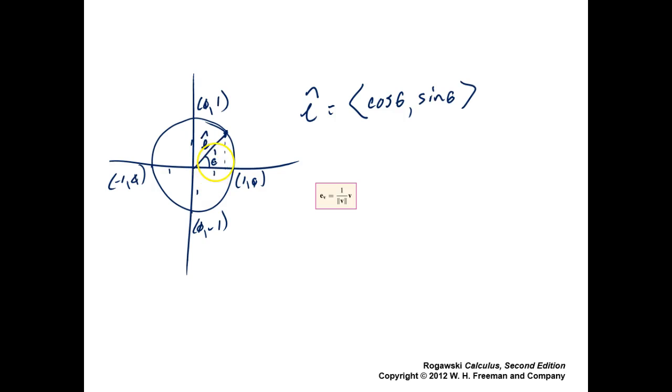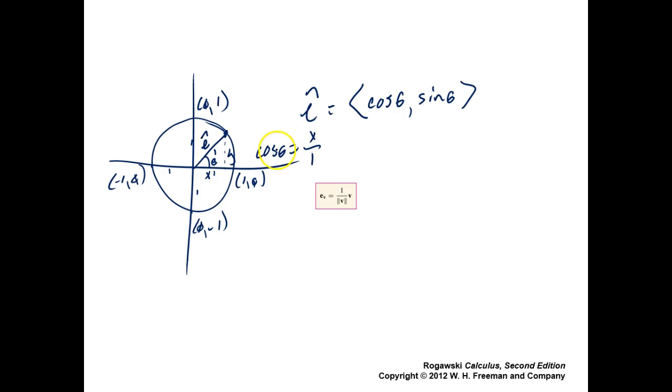The cosine of that angle theta is equal to the adjacent side, let's call it x, over 1.